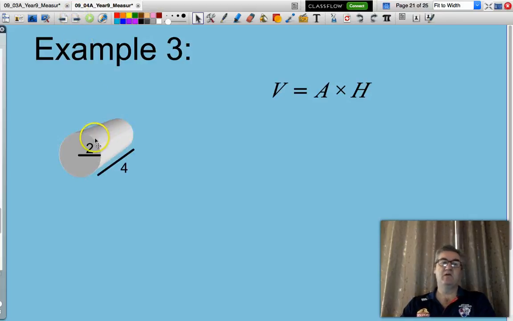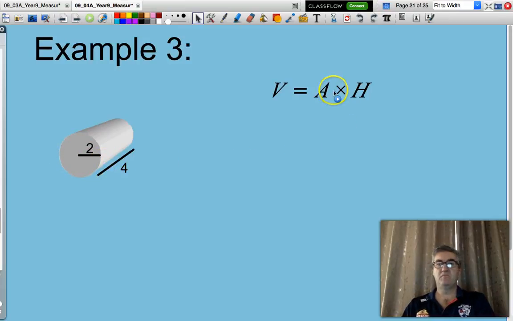Okay. Again, the cylinder. Notice it has uniform cross-sectional area all the way through. So I need to calculate the area here, the area of the base of my cylinder, and multiply by the height. What shape is this here? That is a circle.